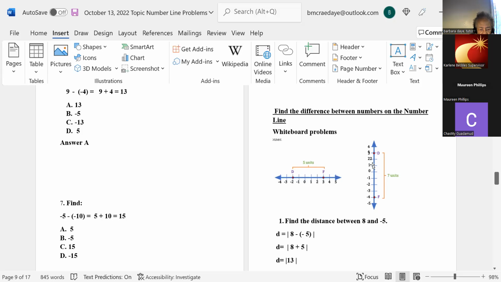This is a 0, that's 1, that should just be 2, 3, 4. Now between D, which is a 3, and the -4, this gives you 7, which you can see: 1, 2, 3, 4, 5, 6, 7. You could just count them.